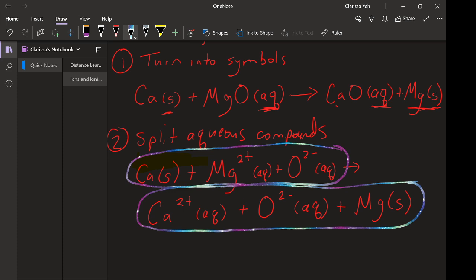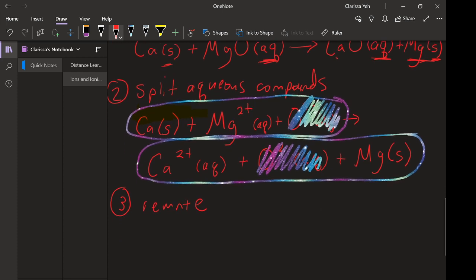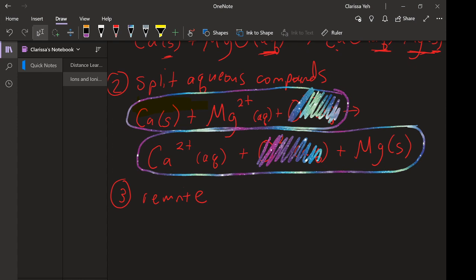Spot on, the O2-. So the O2-, I could just cross them out because they're exactly the same on either side of the arrow. So they can just go. Now, the last step is to rewrite after things have been cancelled out. That's all I'm doing now.